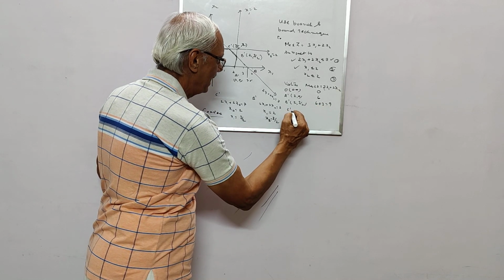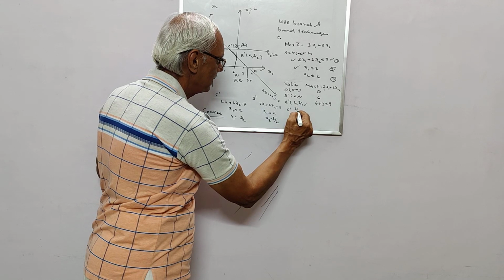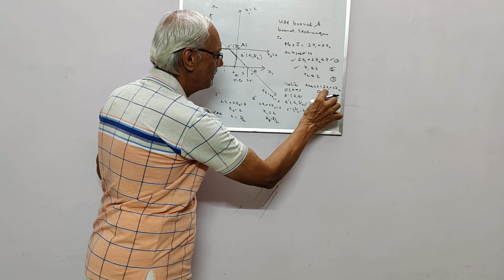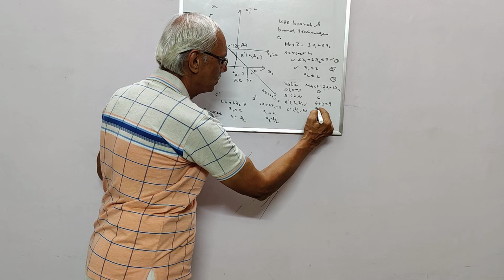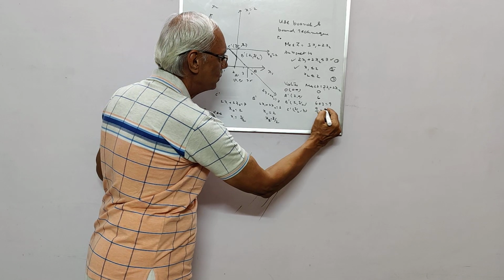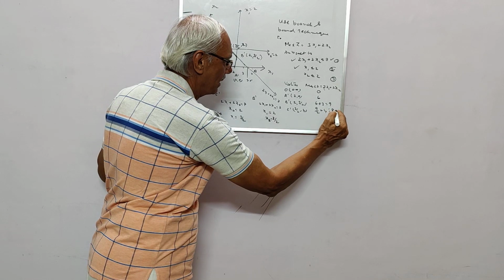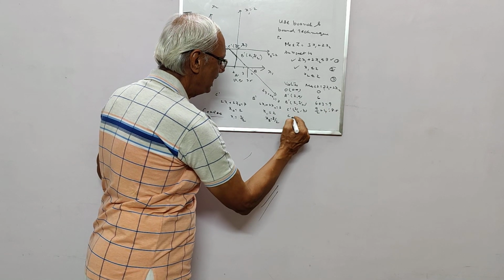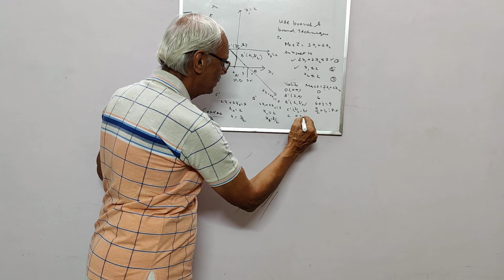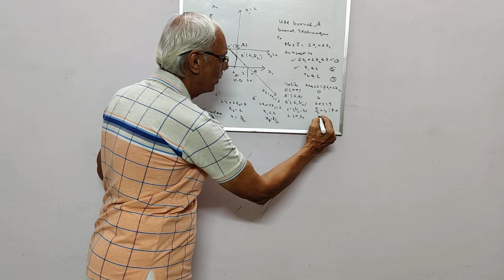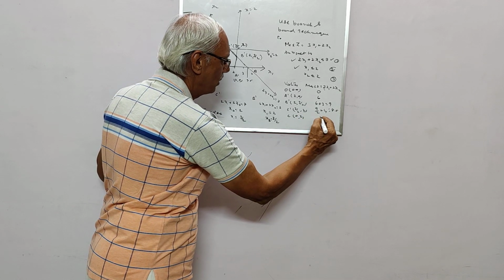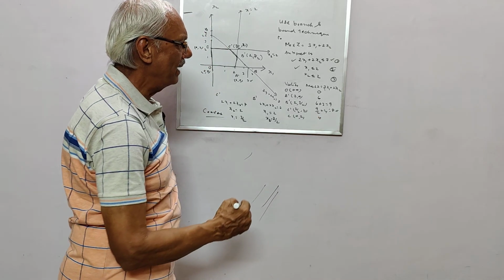And you come to C dash, which is 3 by 2, 2. 3 by 2 times 3 is 9 by 2, plus 2 into 2 is 4. This is 4.5, so it is 8.5. And your C is 0, 2, which means it is 0 and it is 4. Now which is your maximum here?